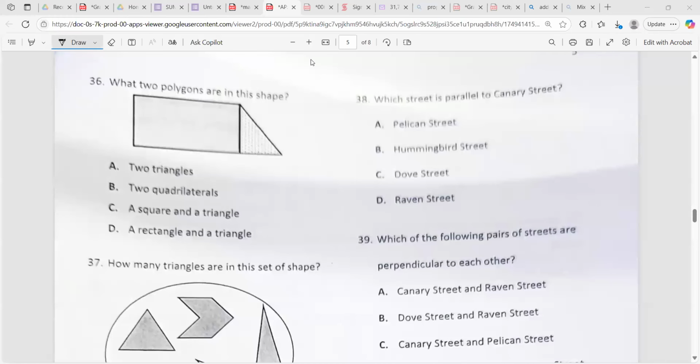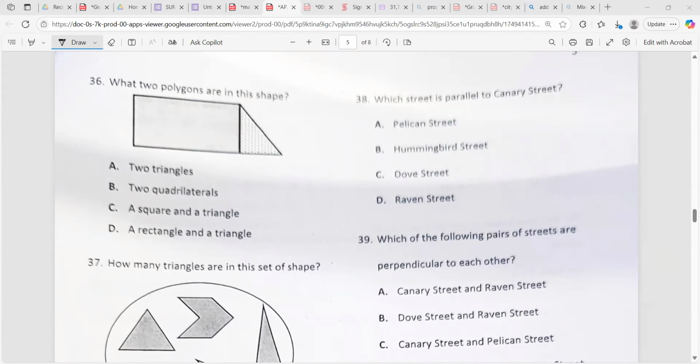Number 36 says, what 2 polygons are in the shape? So we know that polygons don't have curved lines. The lines are straight. So it could not be A because there aren't 2 triangles, there's only one. And it could not be B because there's only one rectangle.